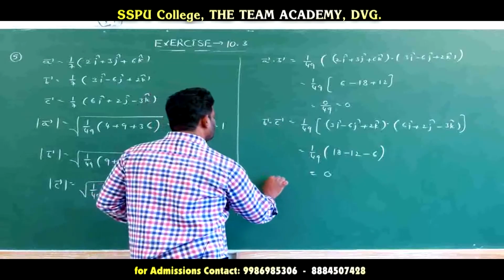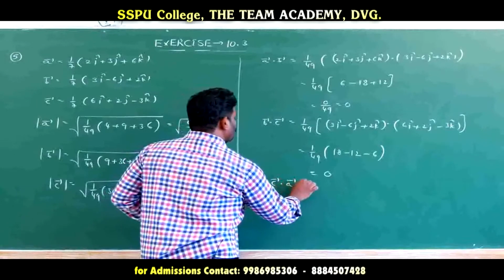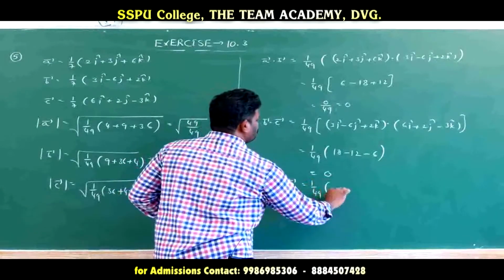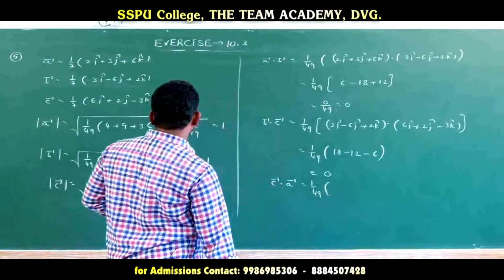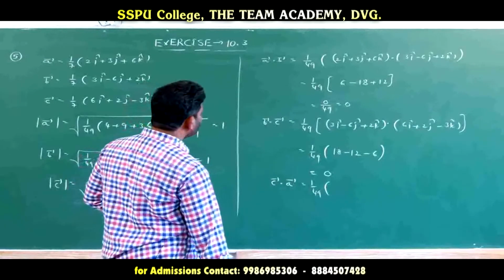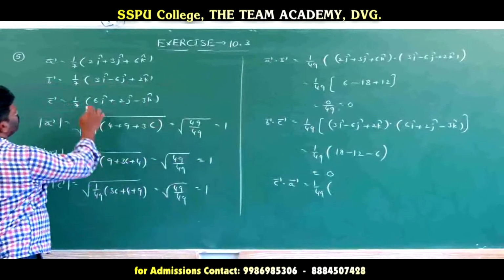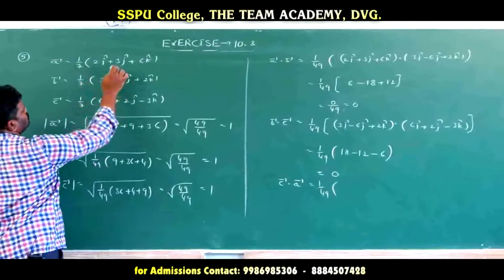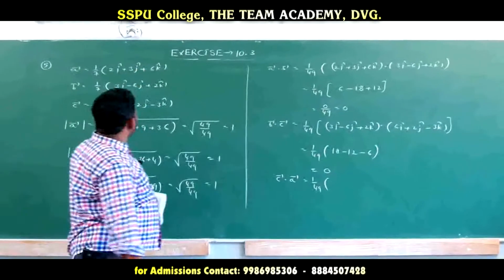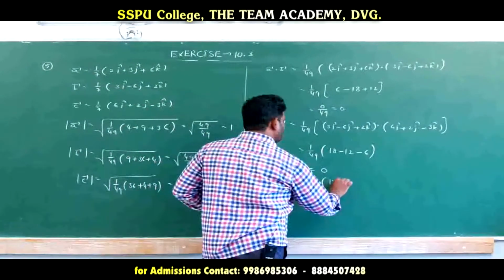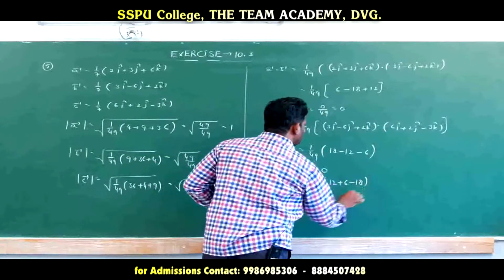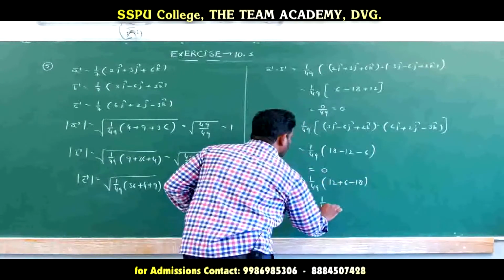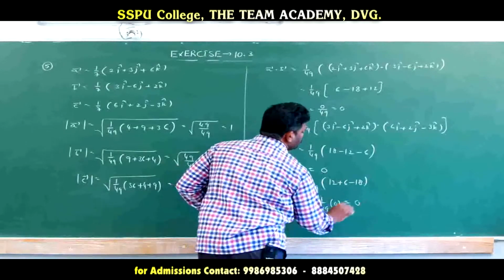Then finally, c bar dot a bar is equal to 1/49. So for these vectors c bar and a bar, 6 2s are 12, 2 3s are 6, minus 18: 12 plus 6 minus 18, again this value is 1/49 into 0, that is equal to 0.